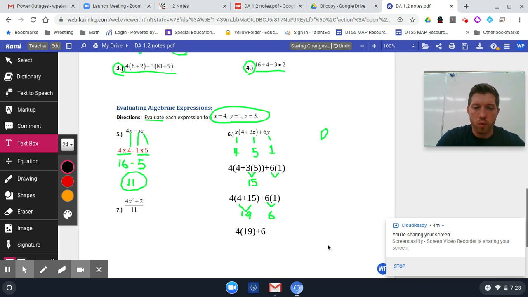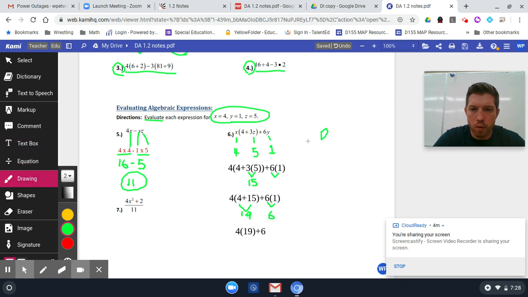All right. So now the next step, we have parentheses that came first, and then we had exponents, then we had multiplication and division. Okay, we have no division, but we do have multiplication. So now we have to do our multiplication. Okay, and then we had adding and subtracting.